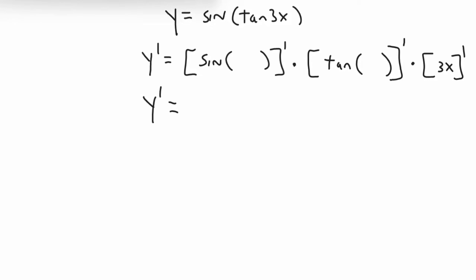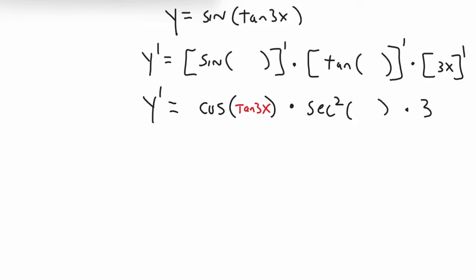Okay, so the derivative of sine is cosine. The derivative of tangent is secant squared. And the derivative of 3x is just 3. All right, so now we're going to put this right here.